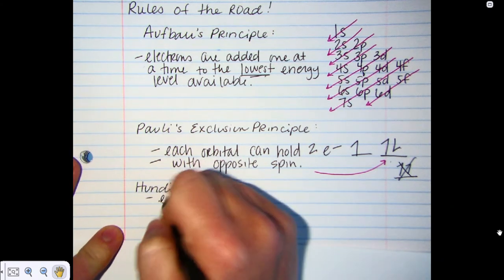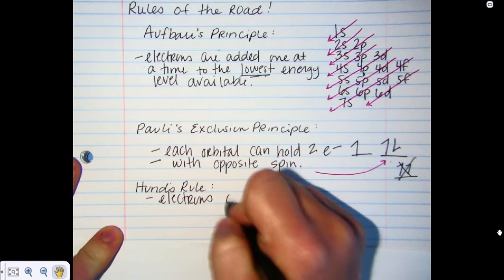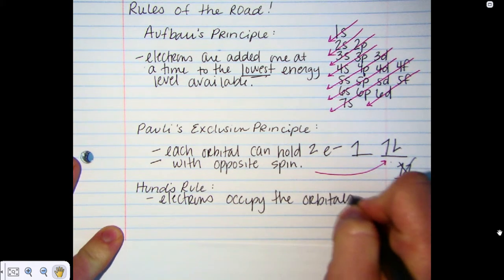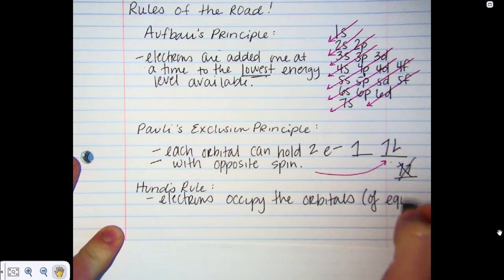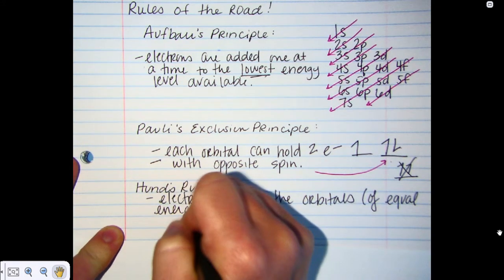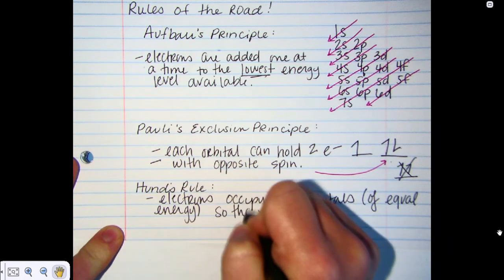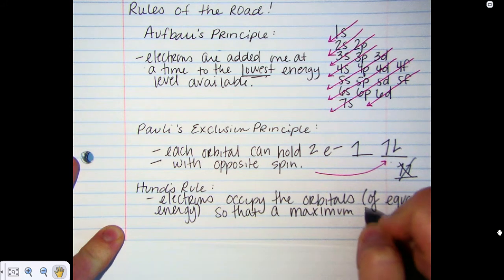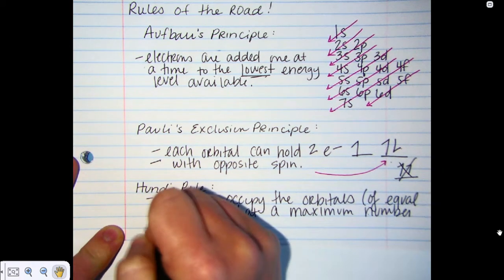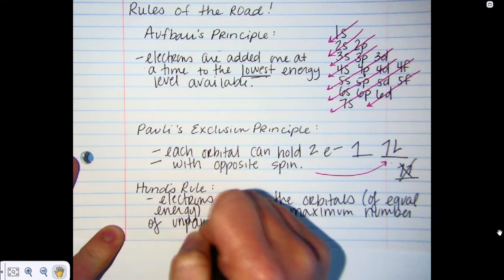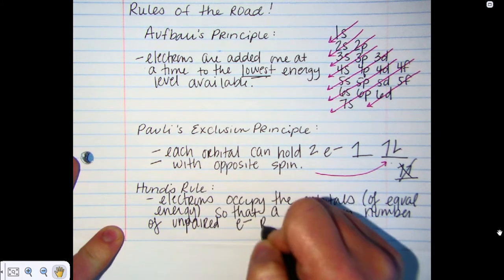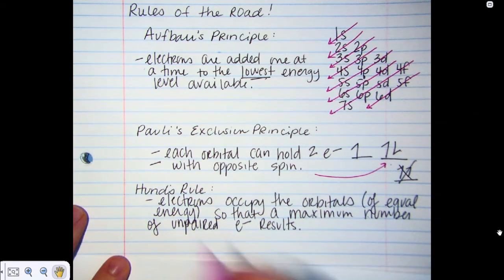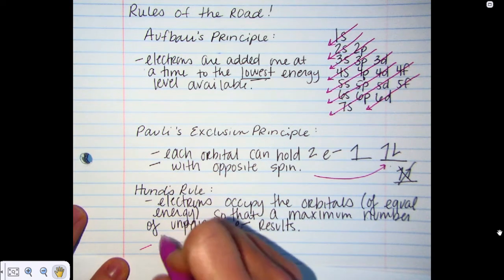So the electrons occupy the orbitals of equal energy so that a maximum number of unpaired electrons results. All right, another way to say that is when we fill them in, we do the up, up, up before the down, down, down.